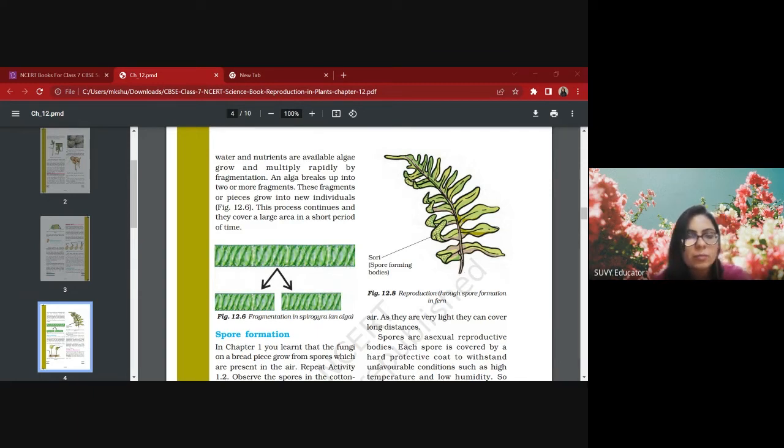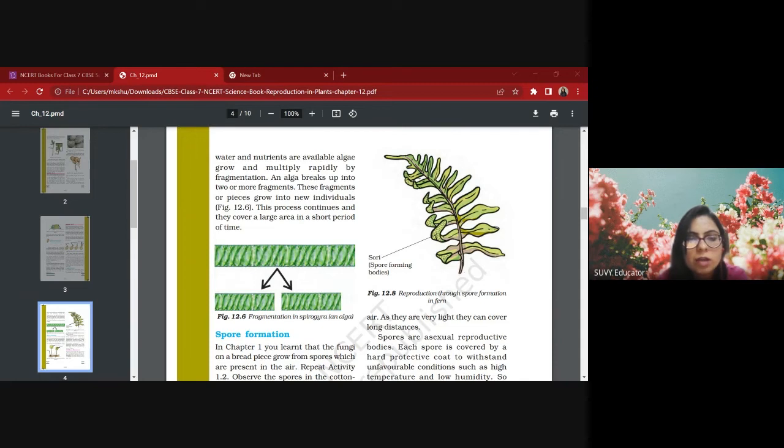So how does fragmentation happen? This color is not very good. I will change the color. Blue. Okay. How will fragmentation be like this? This is a body. This is quite a good color, right? This is a body. Okay. It may be any alga, or there's a spirogyra. This is called a spirogyra.